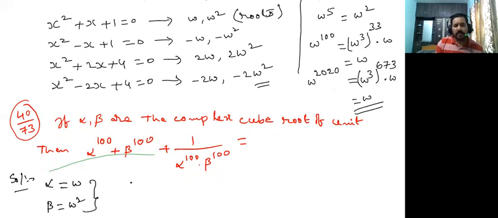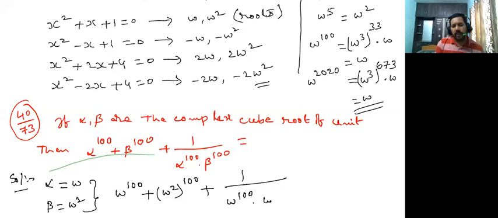Now these values substitute here: omega power 100 plus omega square whole power 100 plus 1 by omega power 100 into omega square whole power 100.